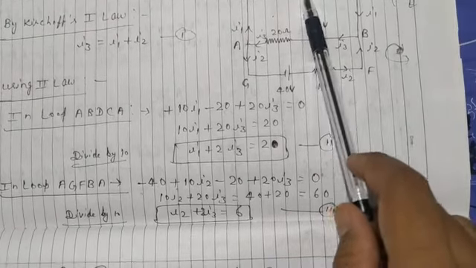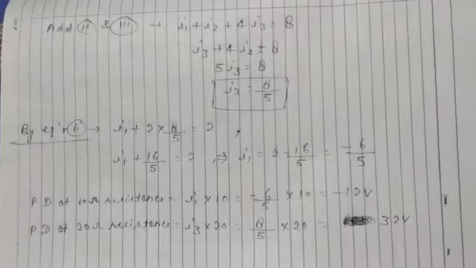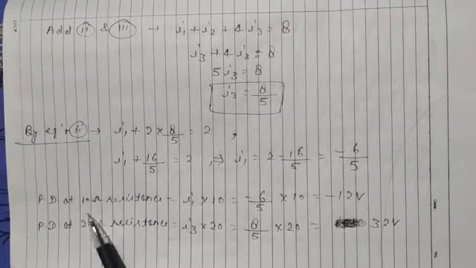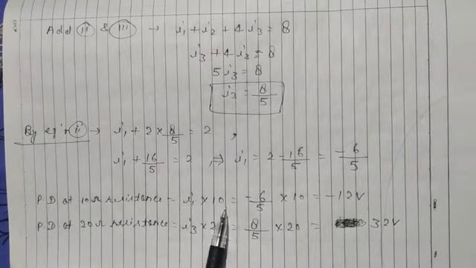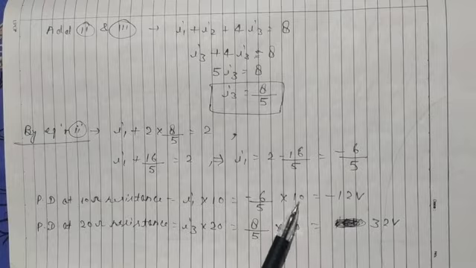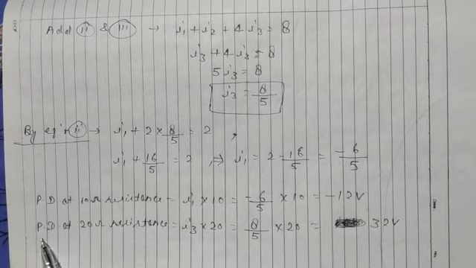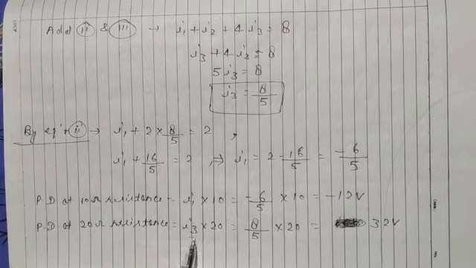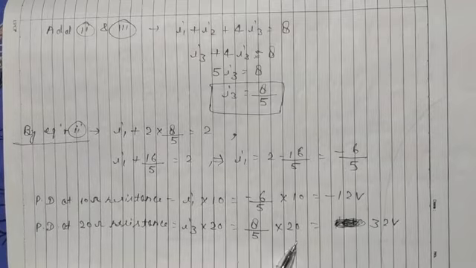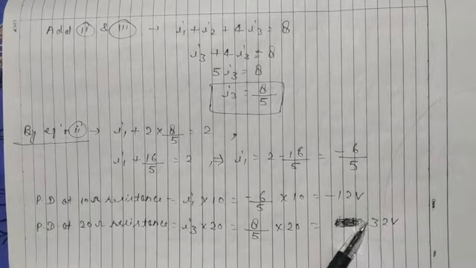The value of I1 is minus 6 upon 5. So the potential difference at the 10 ohm resistance is I1 multiplied by 10, minus 6 upon 5 multiplied by 10, is equal to minus 12 volts. Similarly, what is the potential difference at the 20 ohm resistance? I3 multiplied by the resistance, 8 upon 5 multiplied by 20, is equal to 32 volt.